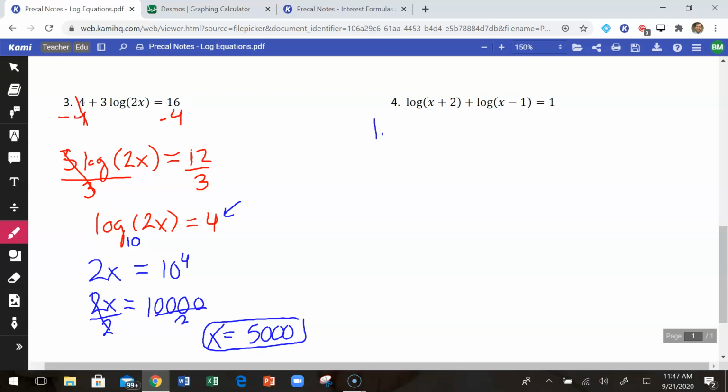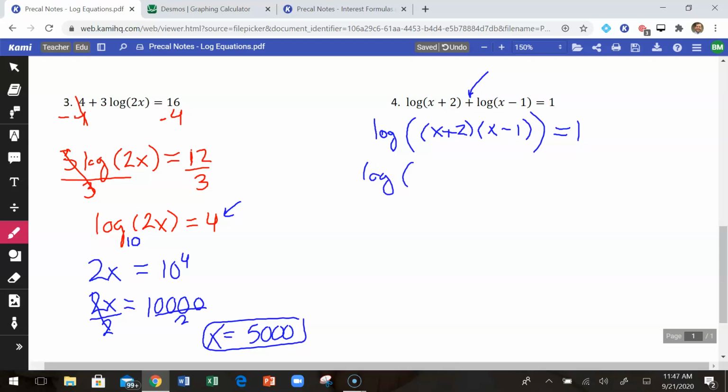If we're adding two logs, I can combine this as a single log by simply multiplying the stuff together on the inside. So I can write this as a single log by taking x plus 2 and multiplying by x minus 1 on the inside of that one log.